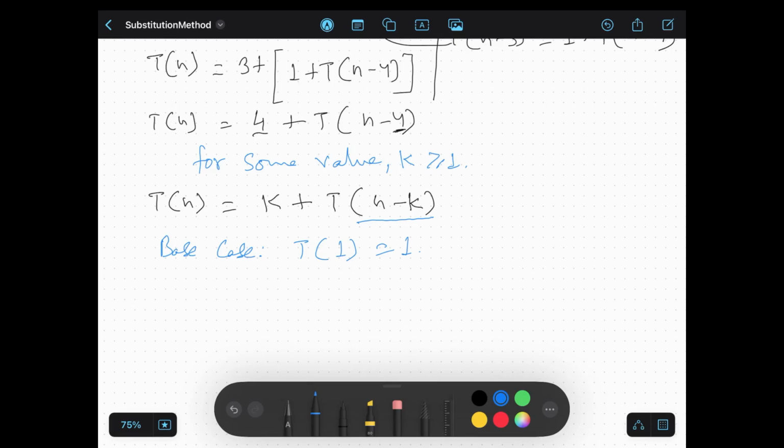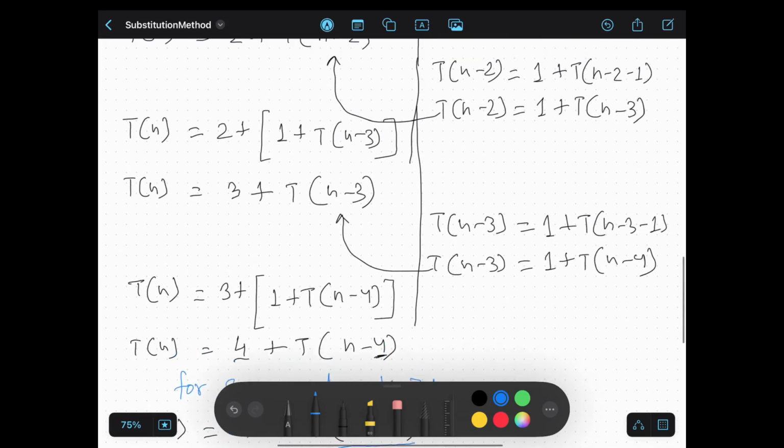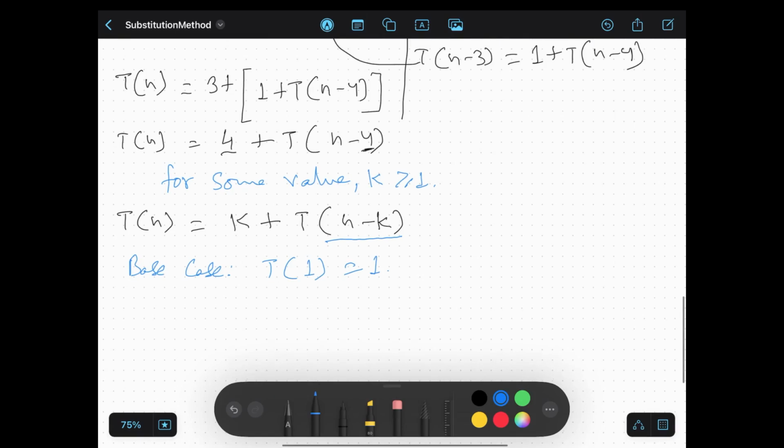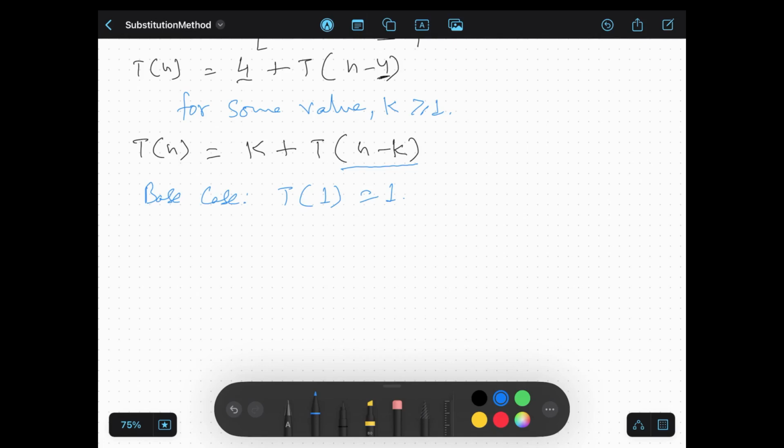What is happening is we started with n, then we did n minus 1, n minus 2, n minus 3, and we go until it's n minus k. So we reach the base case when this value slowly decreasing reaches 1. This means n minus k will be 1.